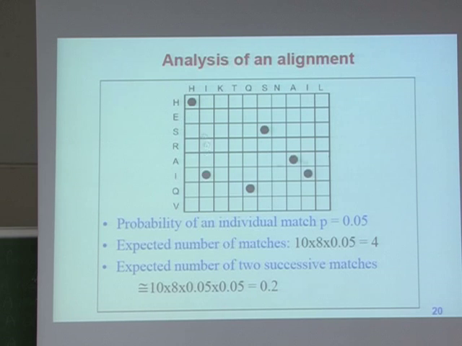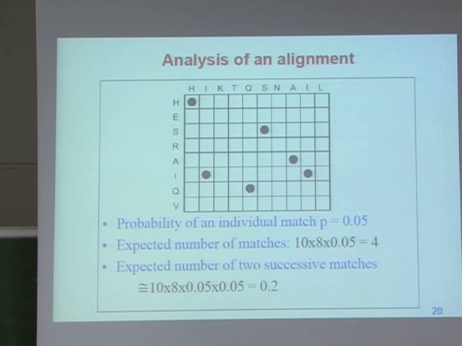These dots show the matches, and the size of this matrix shows the places where I can observe a single match. A match can be observed between all pairs of amino acids.